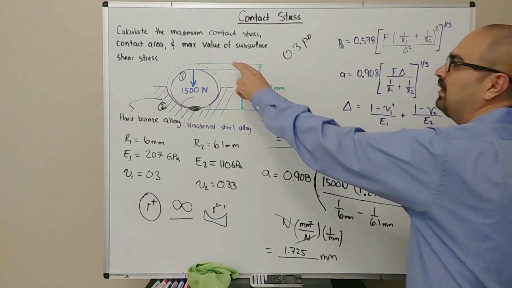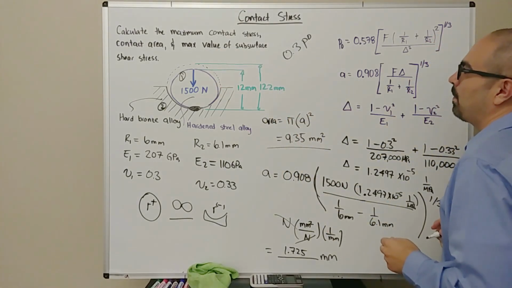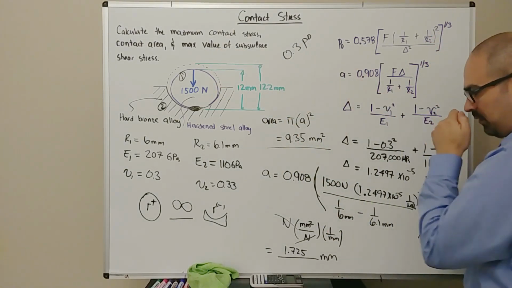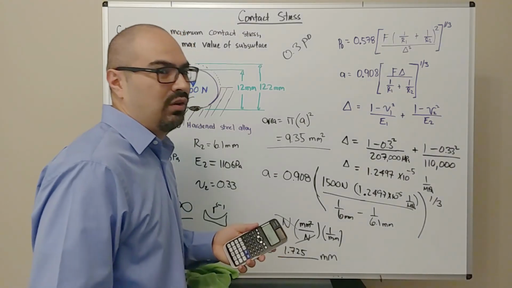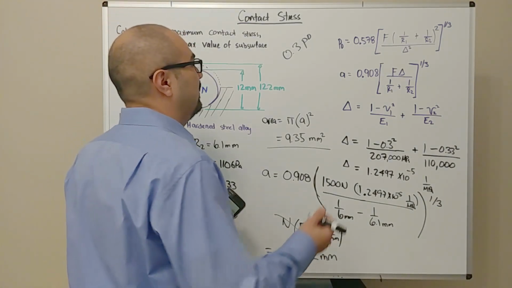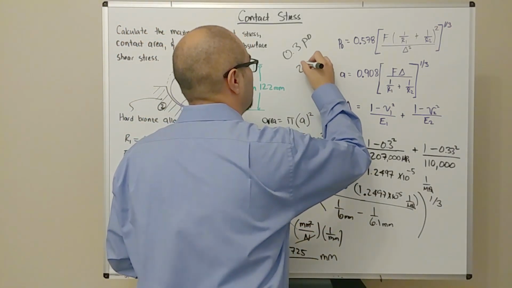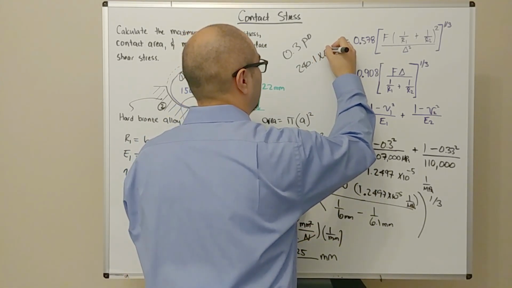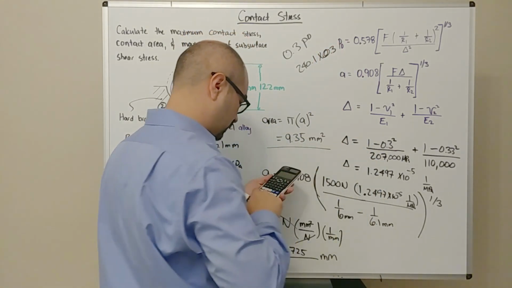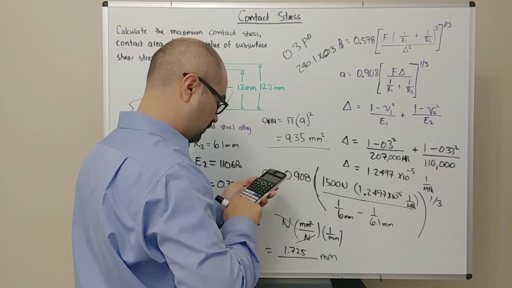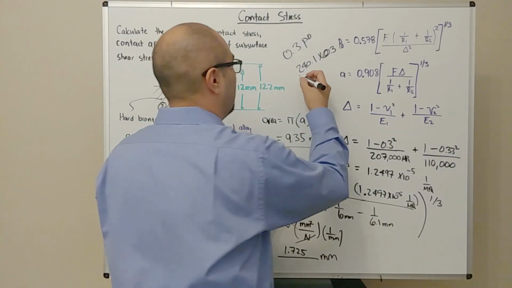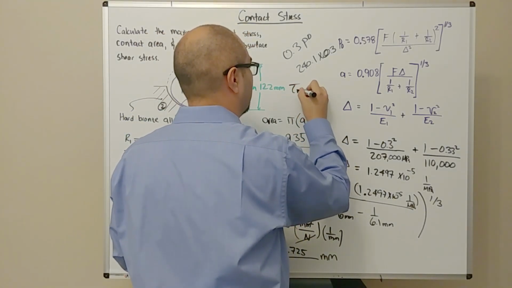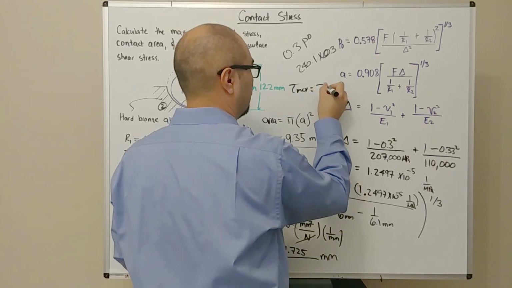So if we want to calculate this value, we just take our maximum contact stress and multiply times 0.3. So for this example, remember that the contact stress that we calculated was 240.1. We multiply this value times 0.3, and we get that the tau max is just megapascals.